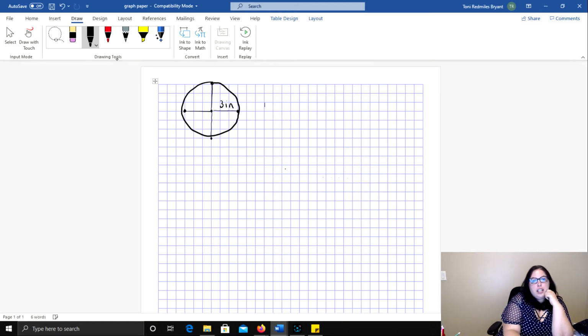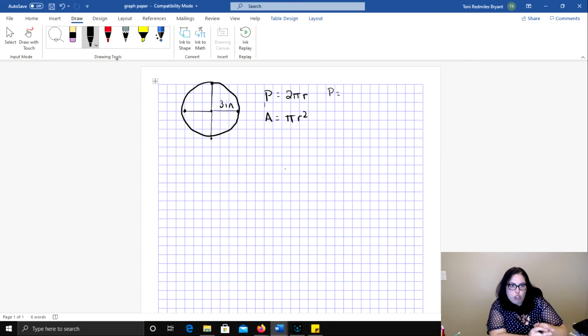Then it tells us to find the perimeter and the area of this circle. Remember, perimeter is 2 pi r, and area is pi r squared. Take that 2, put it on top, okay? When I found my answers on the worksheet, I used the pi button on the calculator.